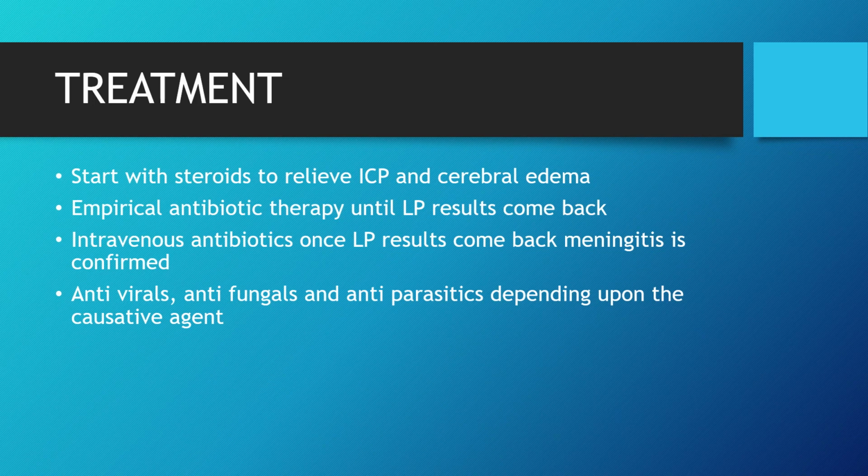Once the results come back, you can start the patient on intravenous antibiotic therapy. And if the cause of meningitis is viral or fungal or parasitic, then you can give antivirals, antifungals, and antiparasitics.